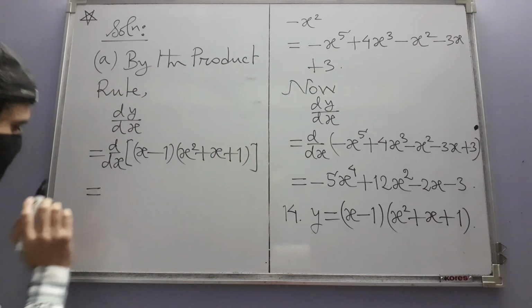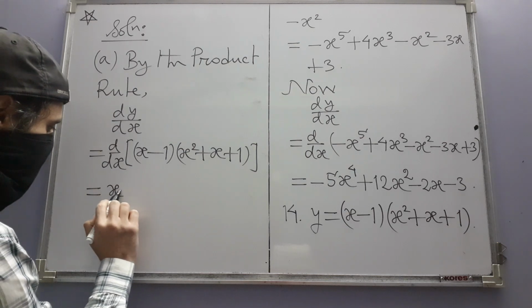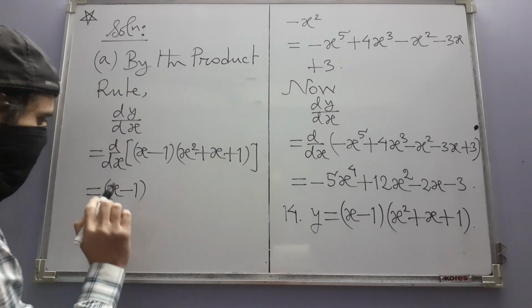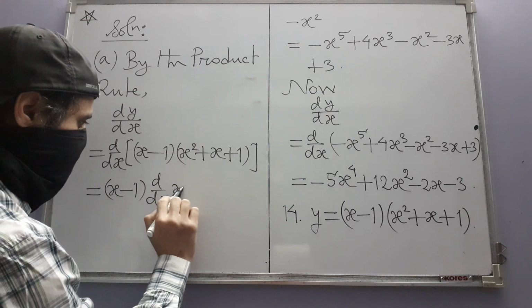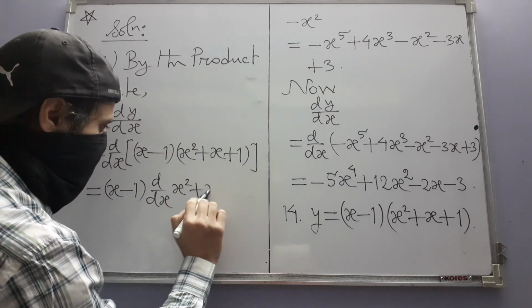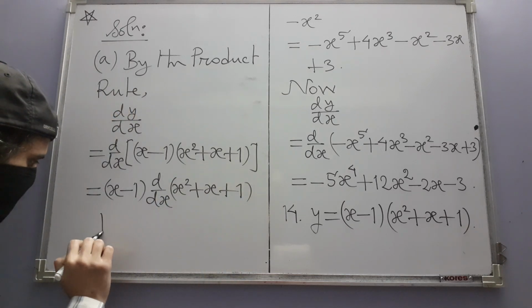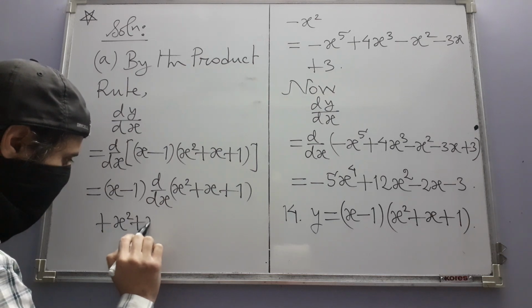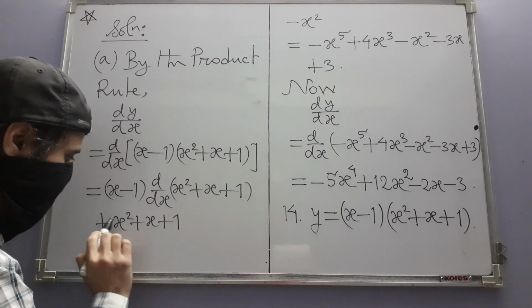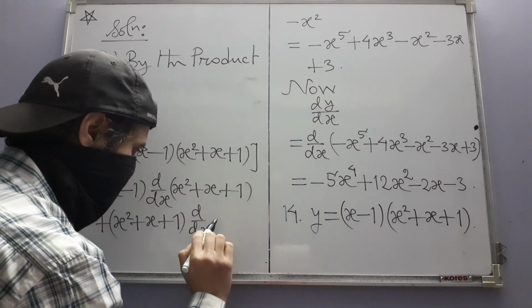And in this next step, we are using the product rule. So let me keep x minus 1 unchanged first and differentiate this. Plus, then we keep this unchanged and differentiate x minus 1.